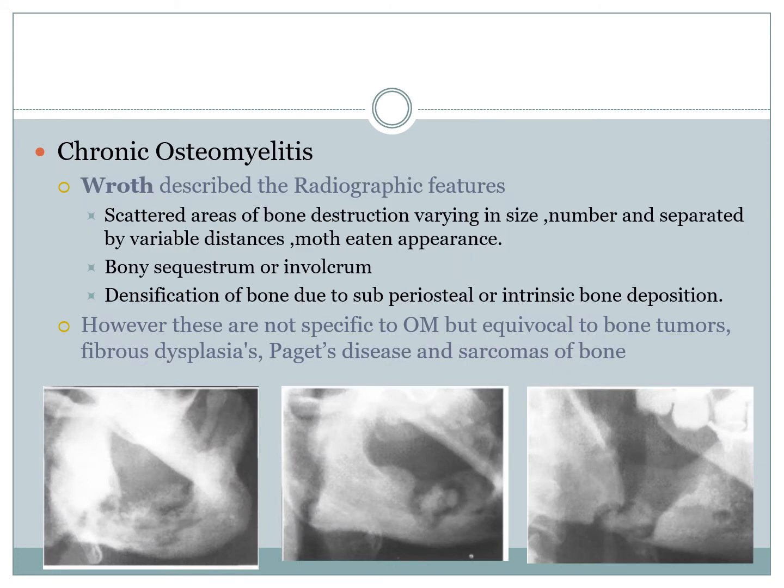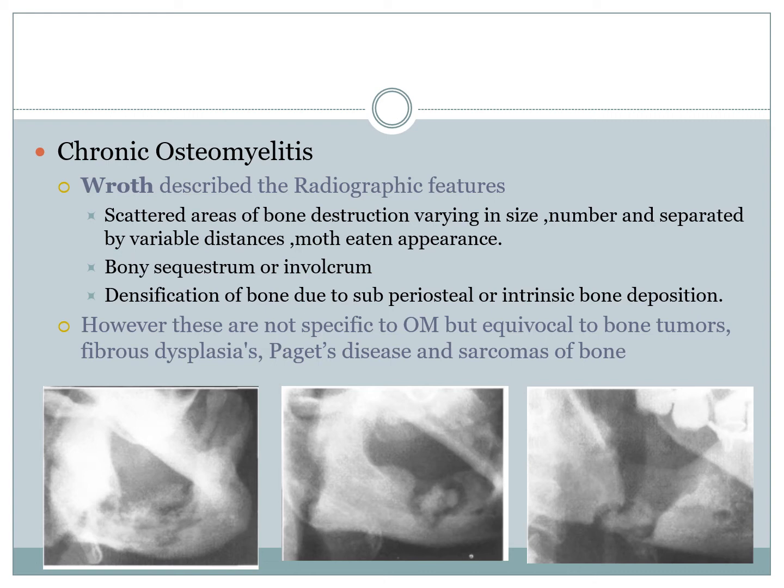For chronic osteomyelitis, the radiographic features are scattered areas of bone resorption varying in size. In chronic cases the area will be dissected and there will be signs of pathological fracture, and sometimes there will be a sinus tract extraorally.